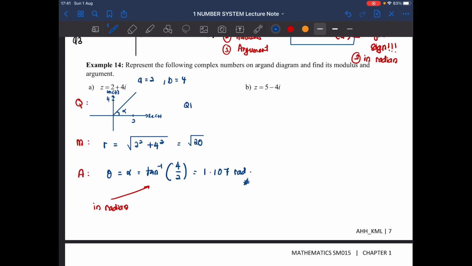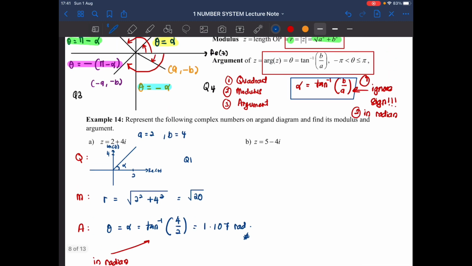So that's it. We need to find the quadrant, drawing the Argand diagram is the same as finding the quadrant. So this is quadrant Q, and then find M, modulus, and A, argument. Alright. So you can try the second question here first.